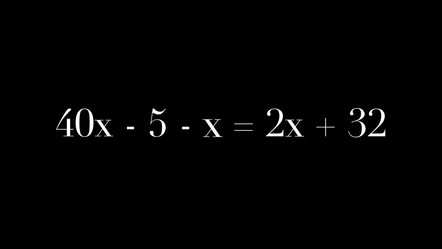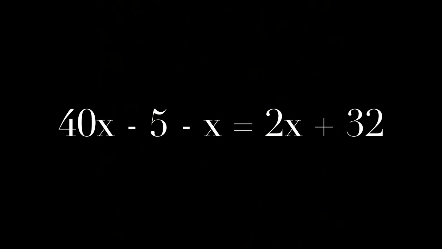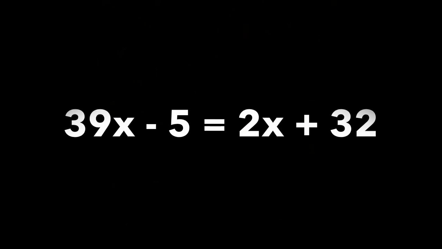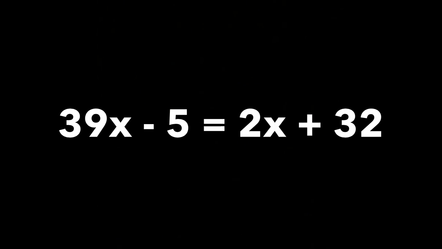The new equation is 40x minus 5 minus x is equal to 2x plus 32. Combine like terms with 40x and negative x. 40x minus x is equal to 39x. The new equation is going to be 39x minus 5 is equal to 2x plus 32.